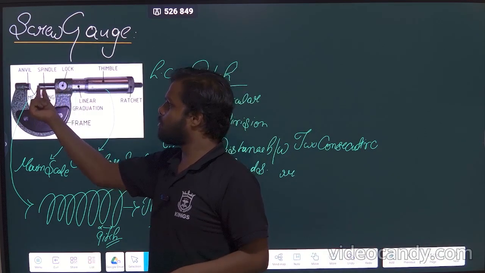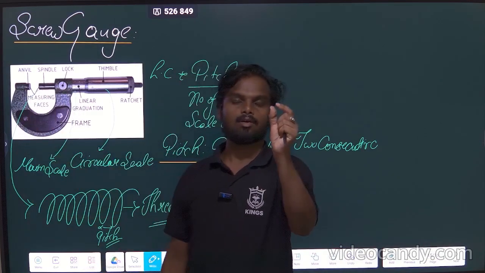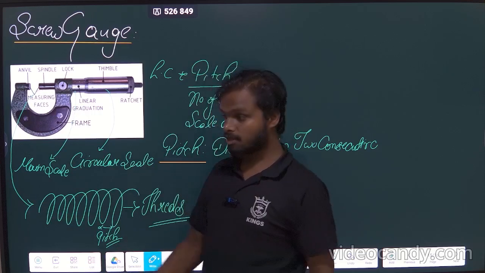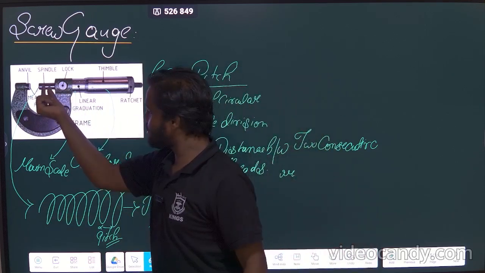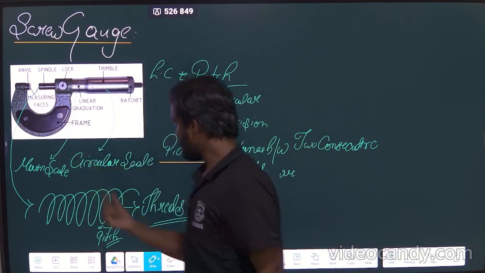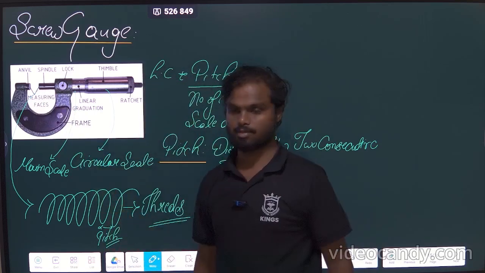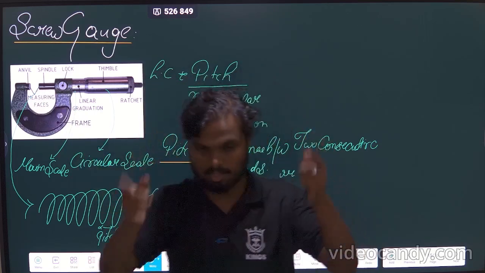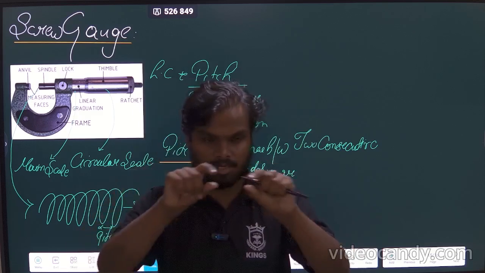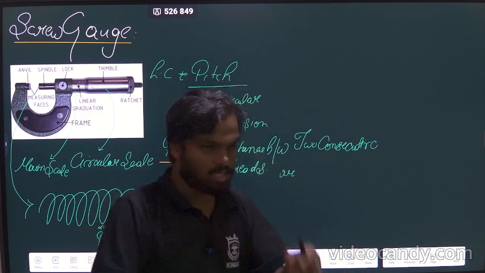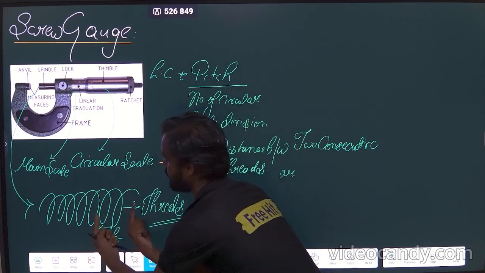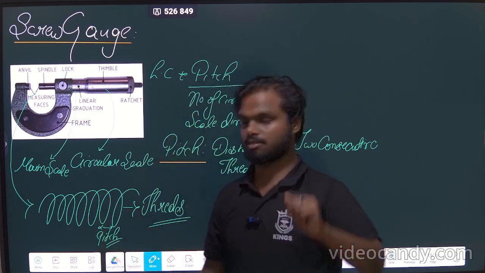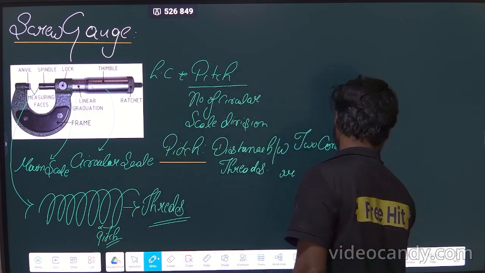The distance moved by it is called the pitch, and it is equal to this distance only. So the first thing we have seen is the distance between 2 successive threads is called the pitch.